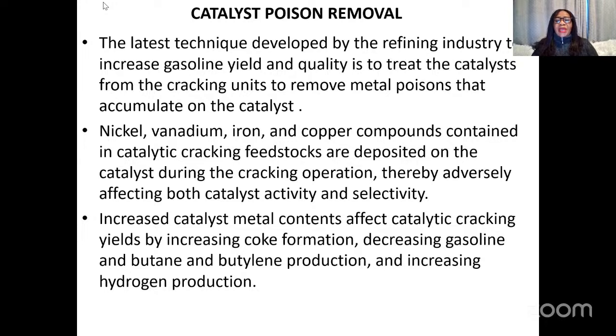Nickel, vanadium, iron, and copper compounds contained in catalytic cracking feedstock are deposited on the catalyst during the cracking operation, thereby adversely affecting both catalyst activity and selectivity. The increased catalyst metal contents affect catalytic cracking yields by increasing coke formation, and decreasing gasoline, butane, and butylene production, though increasing hydrogen production.